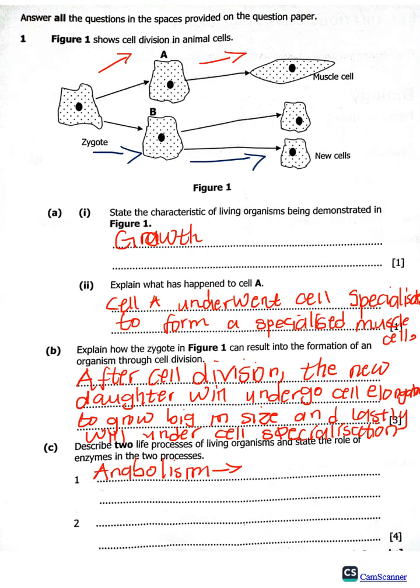Then the second process we have is catabolism. Now catabolism is the opposite of anabolism. This one involves the breaking down of a large molecule to form small molecules, such as respiration. Glucose can be broken into small molecules and produce carbon dioxide, water, as well as energy.